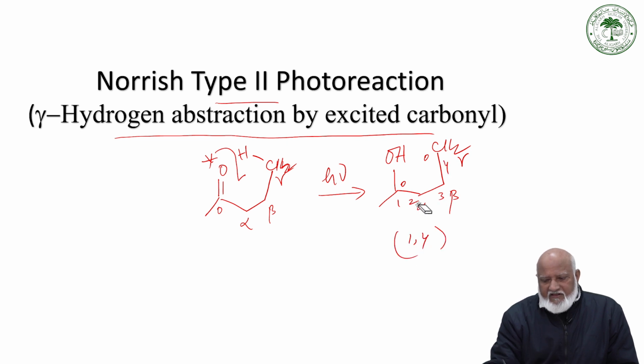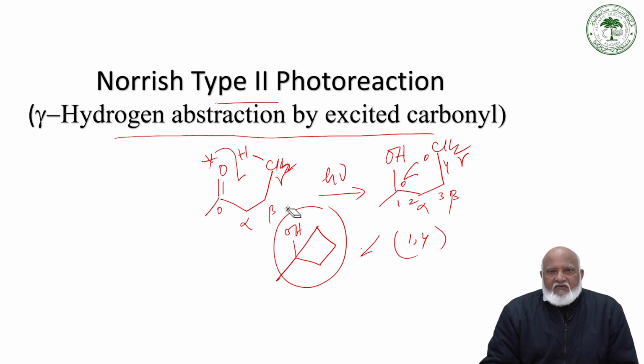A 1,4 radical is formed, and then this combines to give cyclobutanol as one of the products. So you can see one of the most important reactions of carbonyl compounds is the type 2 reaction, where whenever there is availability of gamma hydrogen, the excited carbonyl abstracts it, generates a 1,4 diradical, and this diradical once again couples to give cyclobutanol.